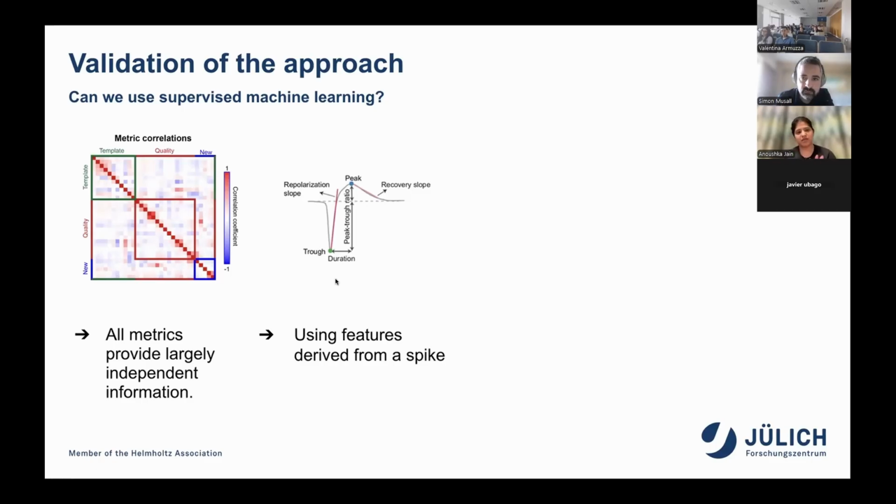We also had features describing spiking, like interspike interval. We combined all these metrics together to see whether there is independent information, and we were very happy to see that all the metrics do have independent information, so we can now use them for a machine learning algorithm.